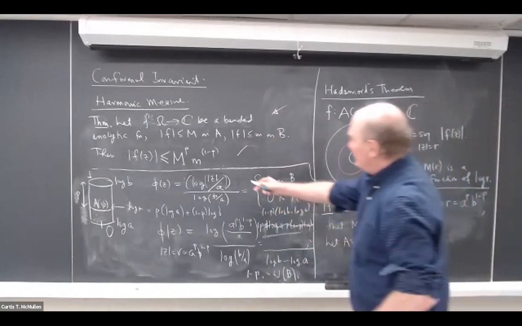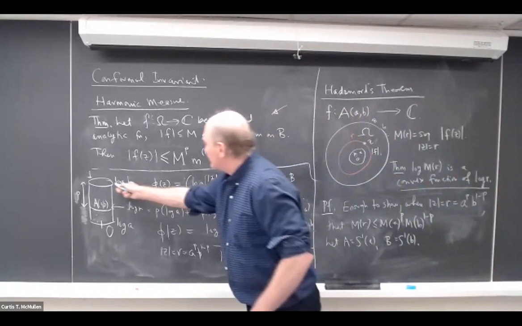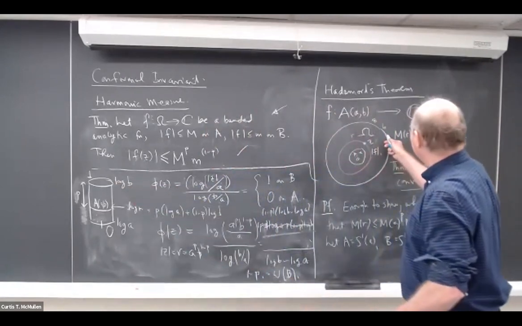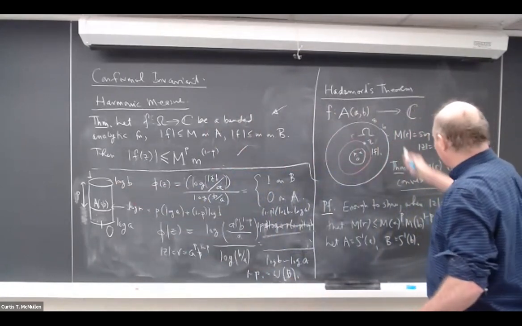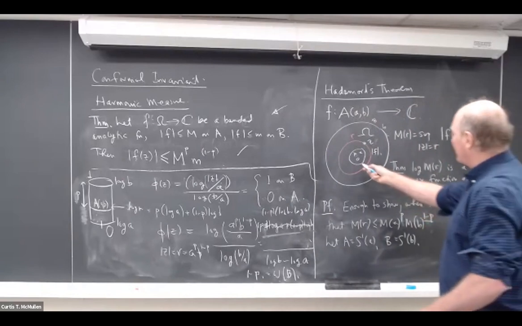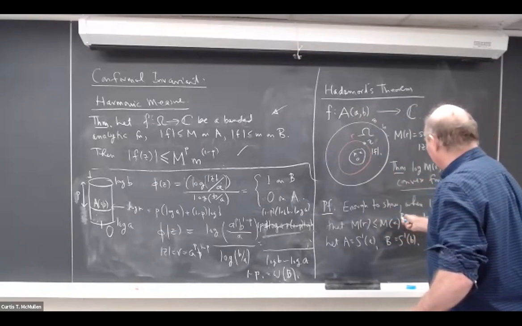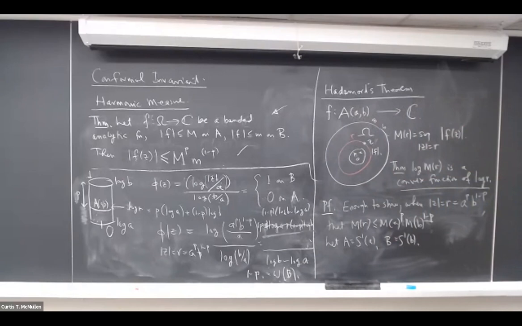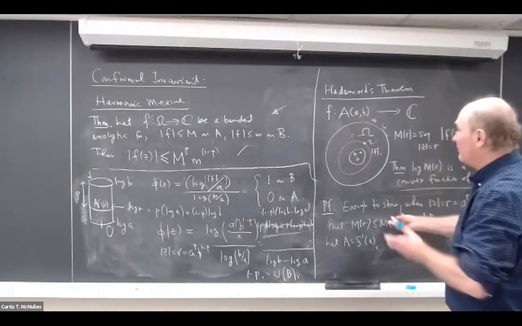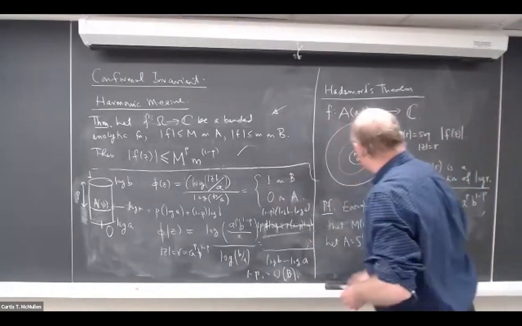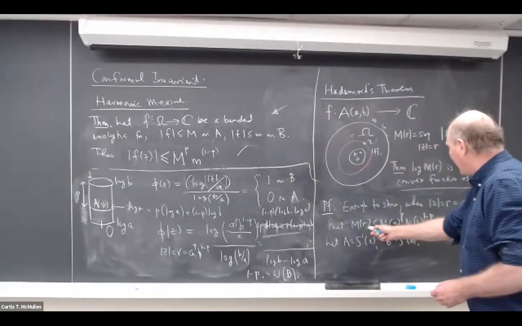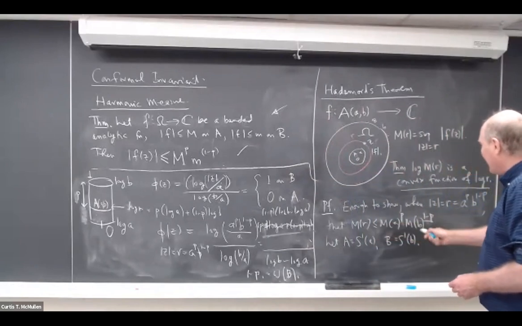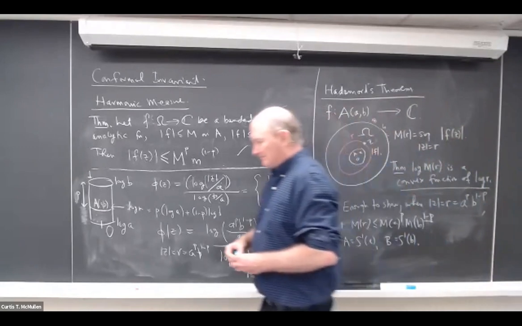So indeed, this function shows that the harmonic measure of the top at this circle is 1 minus p, and the harmonic measure of the inside is p. And so what we just proved, we apply this bound, and we get indeed that m of r is less than or equal to m of a to the p, m of b to the 1 minus p.